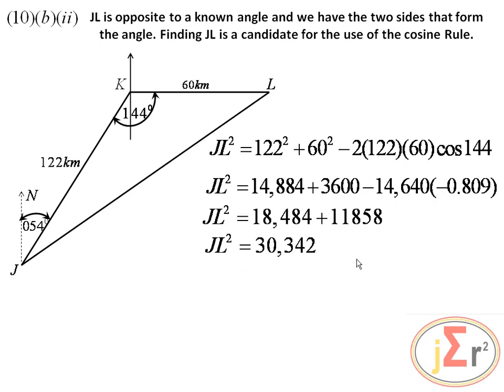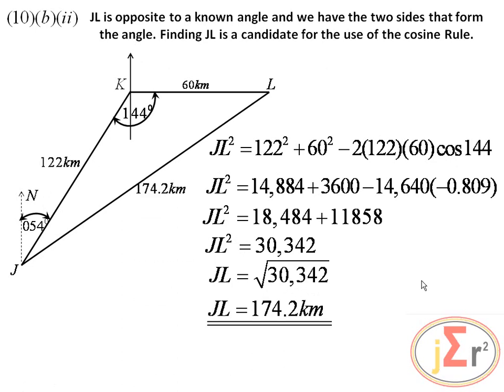Then the total sum is 30,342, which is JL squared. To find JL, we will find the square root of 30,342. That turns out to be 174.2 kilometers.